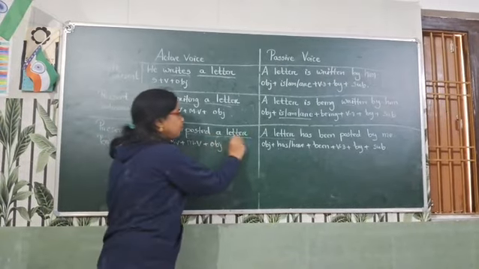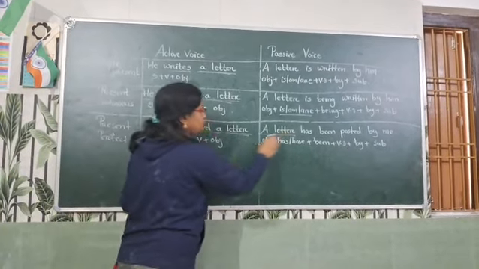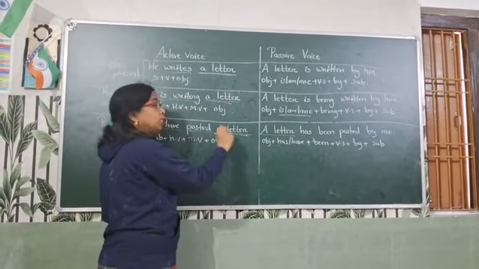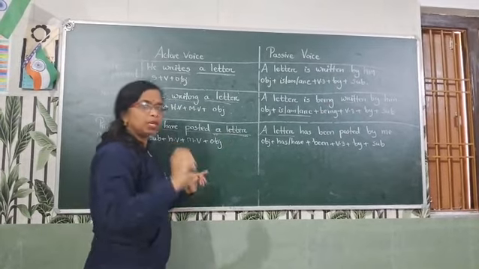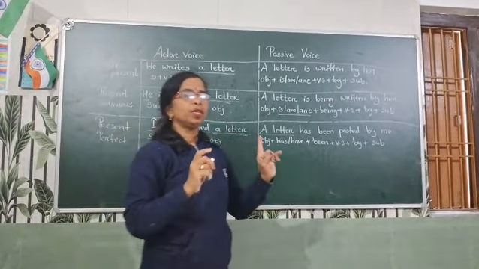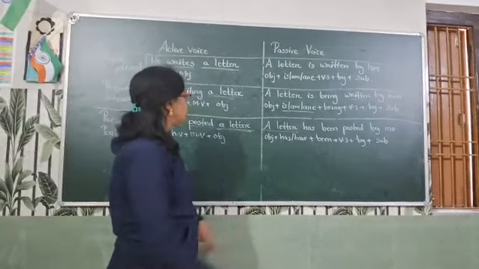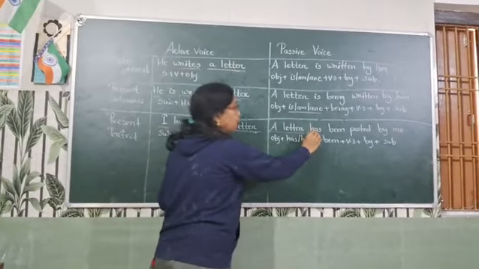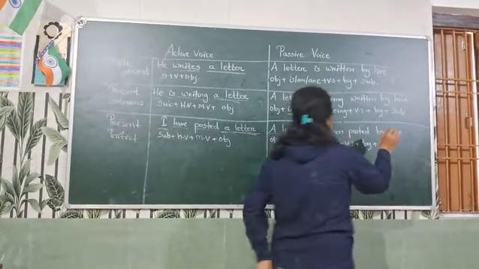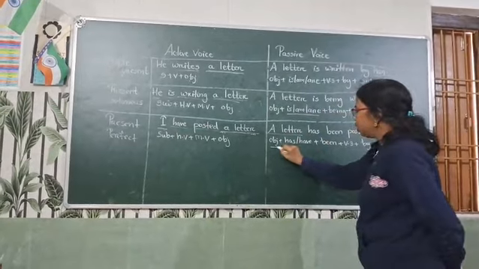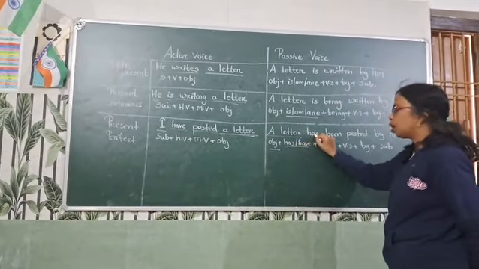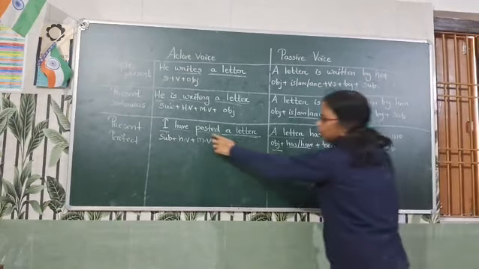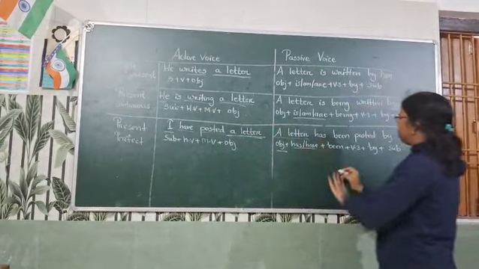But here, a letter: you write has, because instead of a letter the pronoun is it. Has is used for he, she, it. So a letter is it. So a letter has been posted by me. A letter is it, the object, then has or have, I write has here, then been, has been, then verb 3, posted.